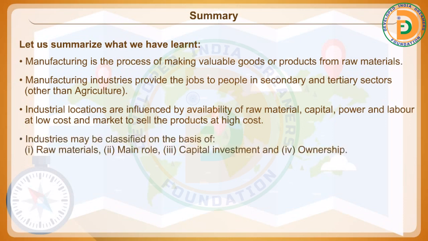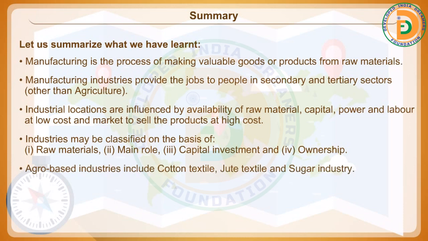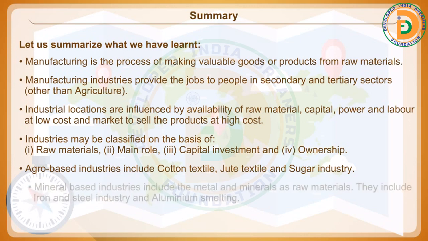Industries may be classified on the basis of: 1. Raw materials, 2. Main role, 3. Capital investment, and 4. Ownership. Agro-based industries include cotton textile, jute textile, and sugar industry.